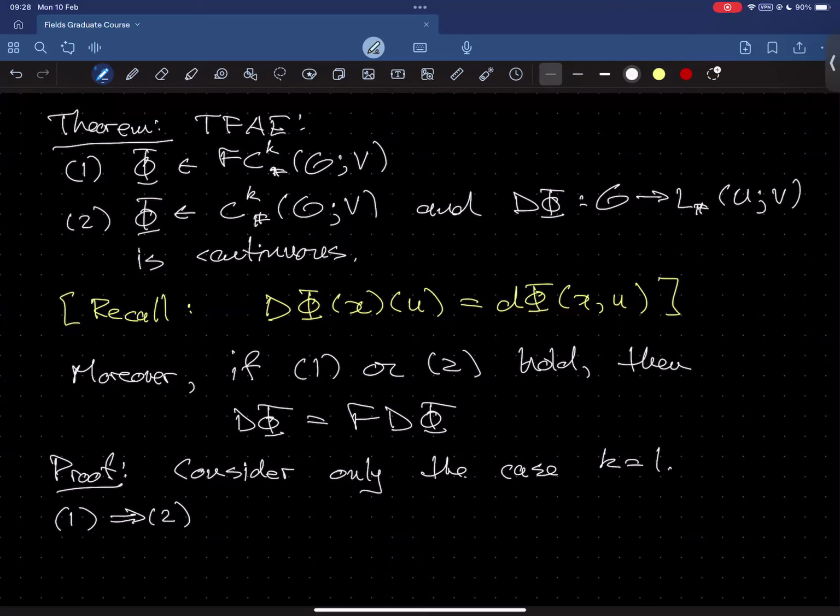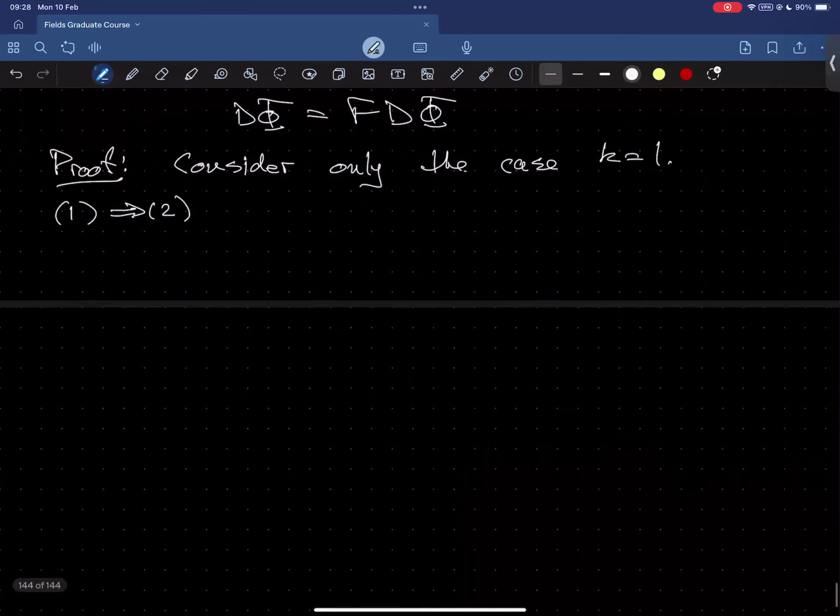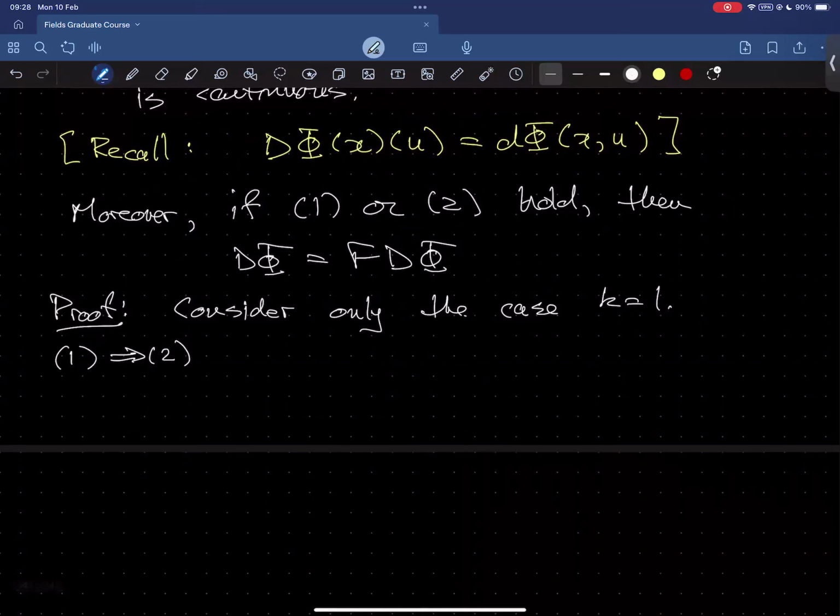We're going to assume that phi is of class FCk, and we're going to prove that it's of class Ck, and that the derivative d phi is continuous. If it's of class FC1, then it's of class C1.